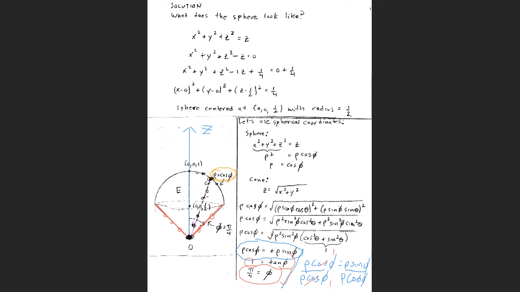But what I'm trying to say is, we're trying to determine the limits here, the limits for our triple integral. Okay, and what I'm saying is rho will go between, I want to be a little careful here.